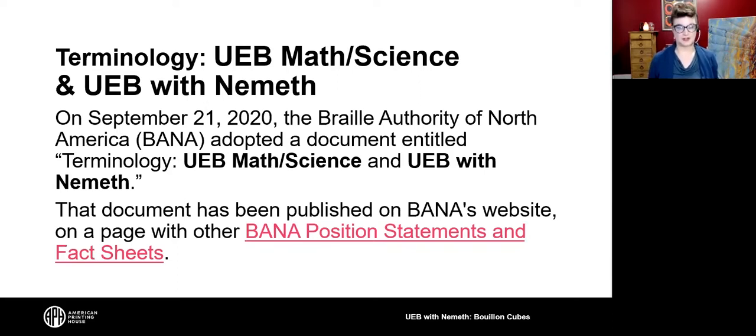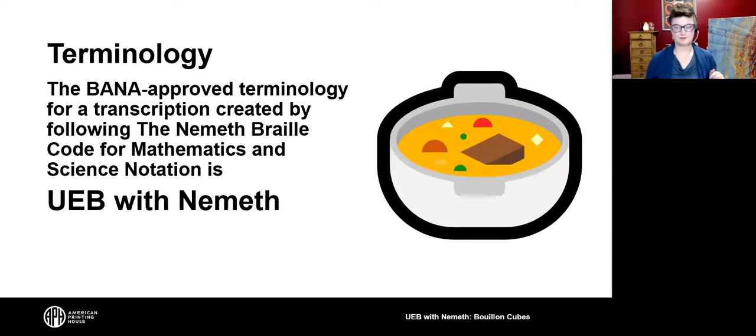Our BANA recommended terminology for the 2 kinds of math or science transcriptions that we could do in the United States are, quote, UEB Math/Science and UEB with Nemeth. You can get to that document from a link on this slide, which should also be active in your PDF of this PowerPoint, and explore that position statement as well as some other fact sheets from BANA.